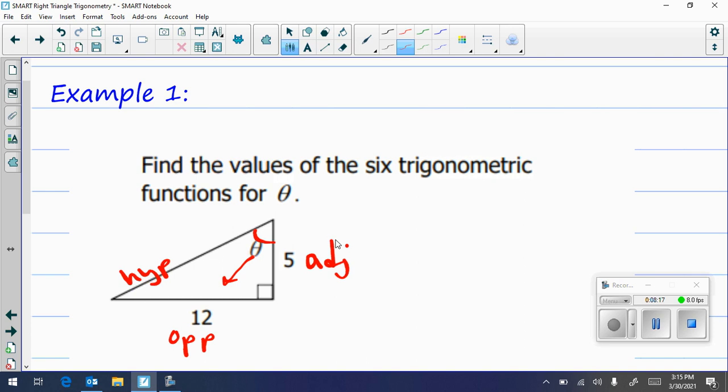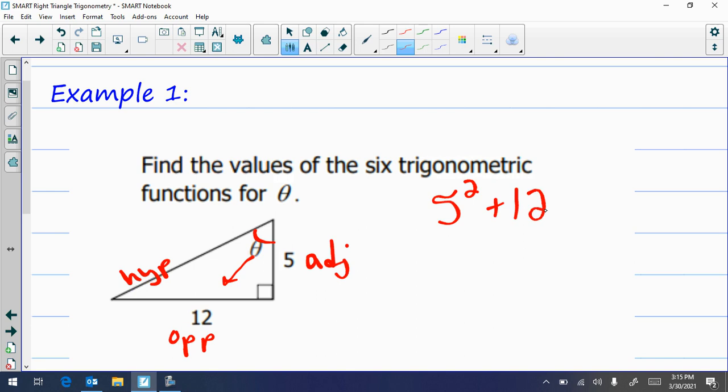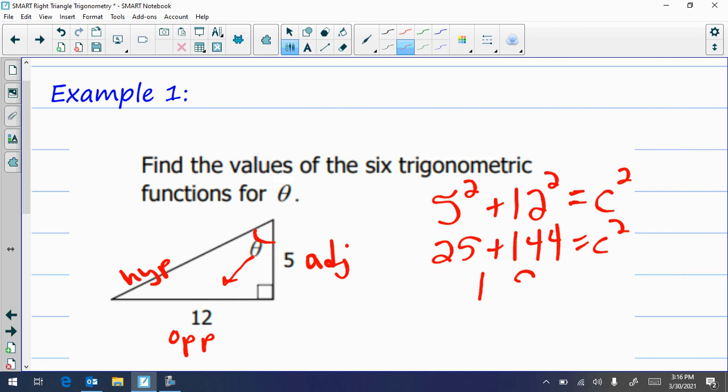Now notice I don't have my hypotenuse, so I do need to take care of that. If you don't know the Pythagorean triplet that goes with this, that's a good old Pythagorean theorem. Taking the square root of both sides, I get 13.